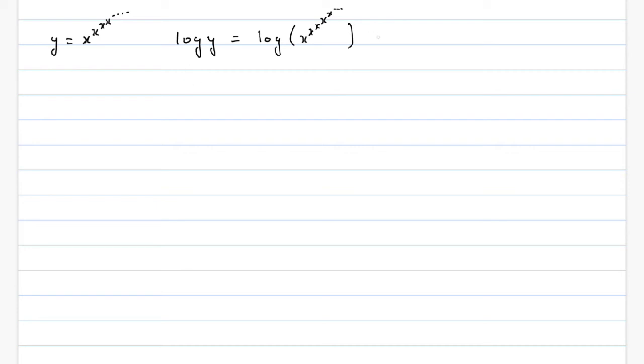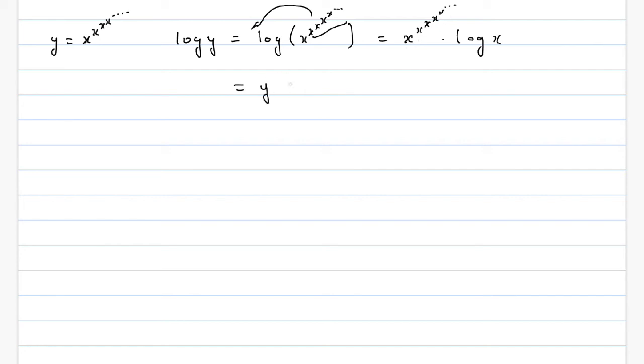So I can say this whole power will come down and be multiplied here. So I'll have x raised to x raised to x raised to x, and so on, multiplied with log of x, which I can say this part, x raised to x raised to x and so on, is nothing but our y.